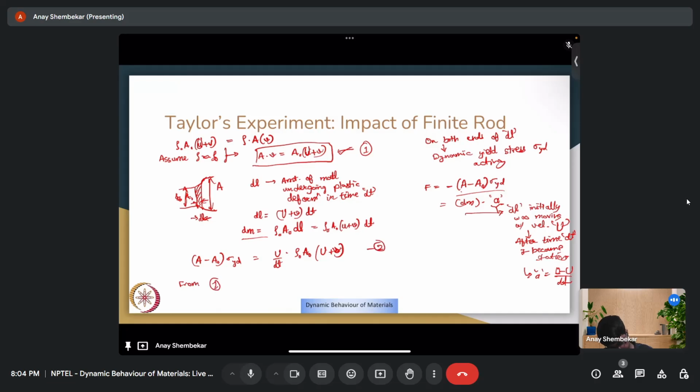From 1 we know that A naught u is A minus A naught times v, which means v is A naught u upon A minus A naught, which gives us u plus v is A v by A naught, which is A by A naught times A naught U upon A minus A naught.